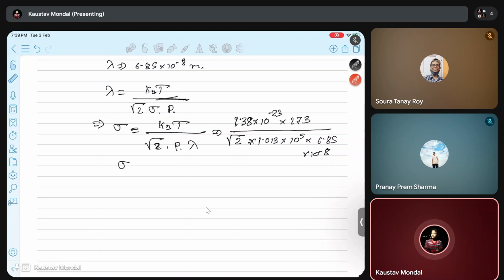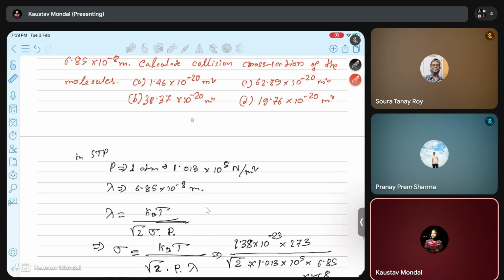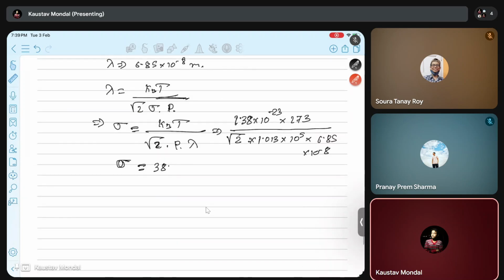So sigma, if you calculate this whole thing, will give you some value like 38.37 into 10 to the power minus 20 meter square.